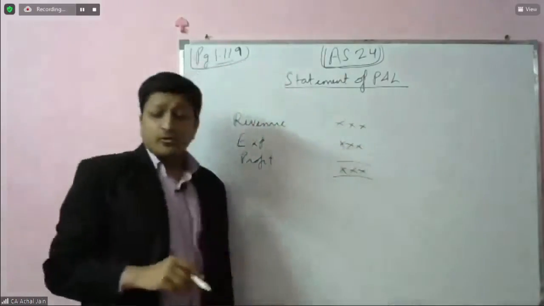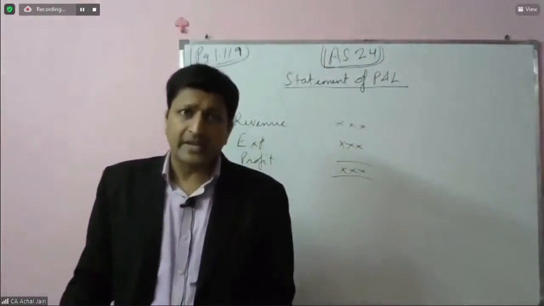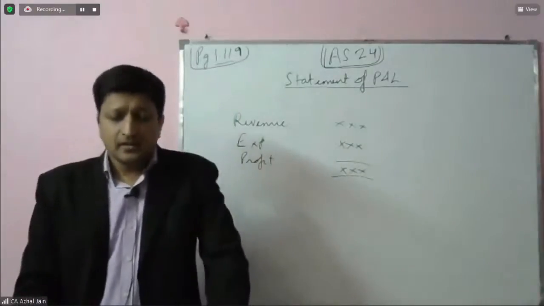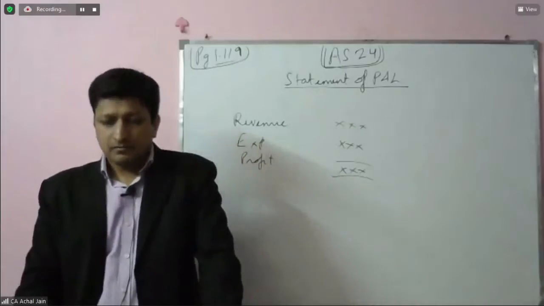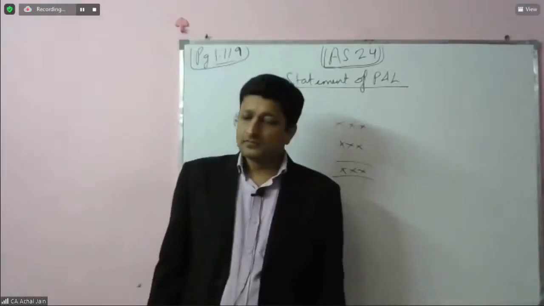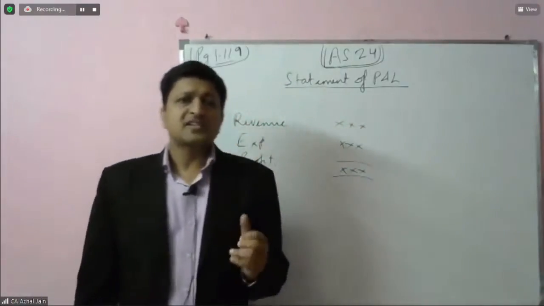Now, some of you who would have gone through the financial statements, or maybe you can just go through the financial statements of any of the companies, you will see that the P&L is generally divided into two parts. And you will be thinking, sir, how is it possible? How can this division be done? This is only a presentation. Let's understand.